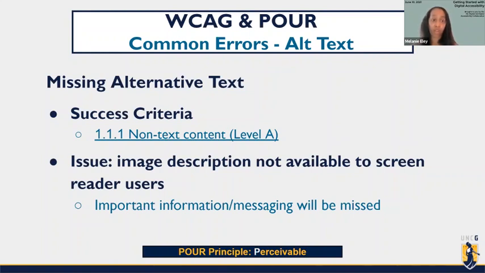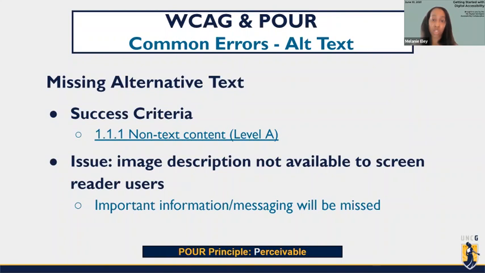This error falls under the success criteria 1.1.1, which is non-text content, and it is a single A conformance error. Again, going back to the tiered numbering system, those first two digits represent the principle and also the guideline. In this case, the guideline is text alternatives.